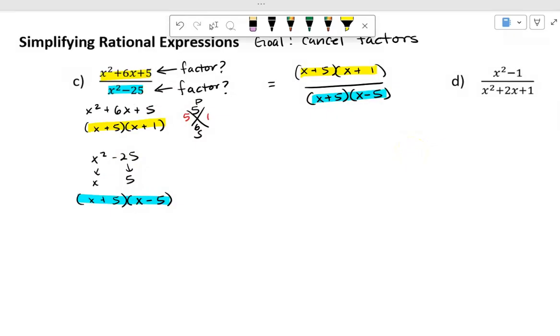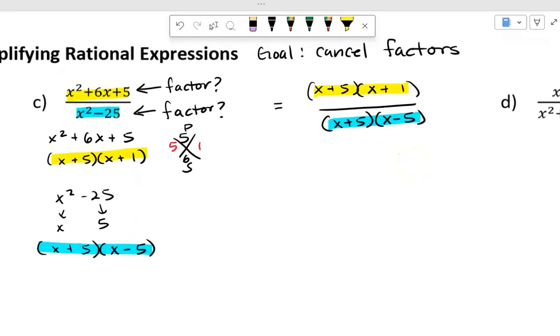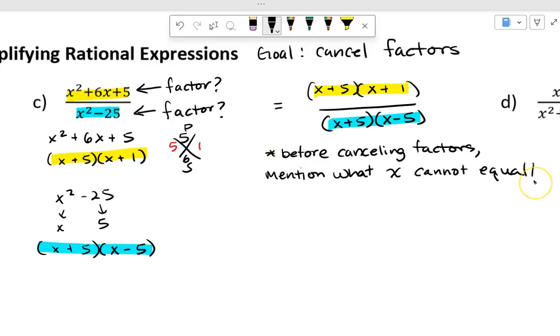So my goal is to cancel factors, but I have to mention what x is not allowed to be. I can't cancel anything until I mention that x cannot be negative 5 and x cannot be positive 5.